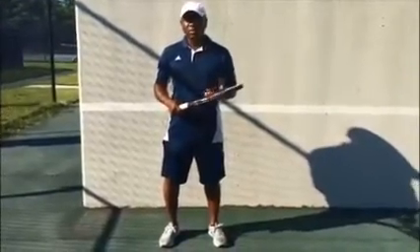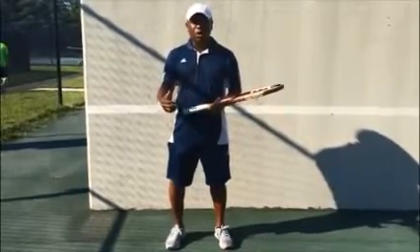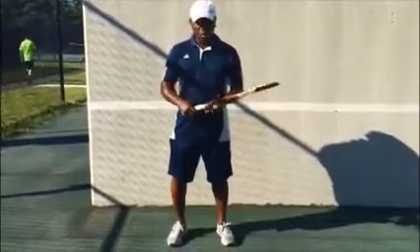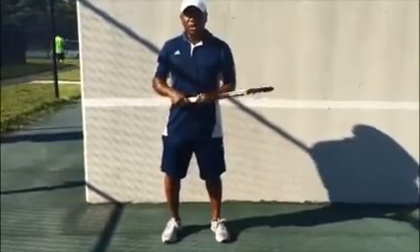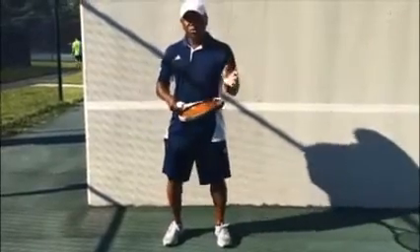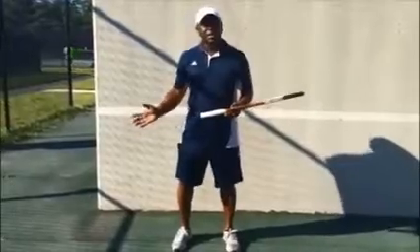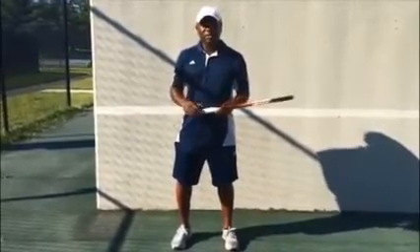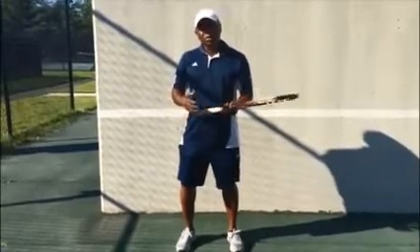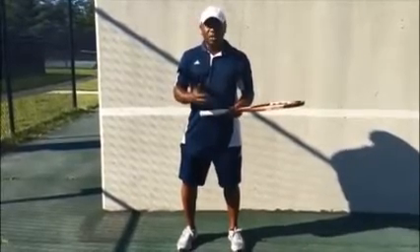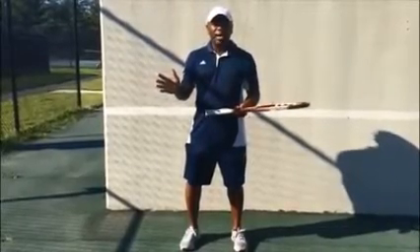Beginners and students usually start off using an Eastern forehand, and I will explain to you how you get yourself into an Eastern forehand. Going back to deciding what kind of tennis player you want to be, you've got to decide if you're going to hit a lot of topspin using that Western grip, which gives you a lot of control, or if you want to use an Eastern forehand, which gives you a lot of power and drive on the ball and lets you hit a lot flatter.